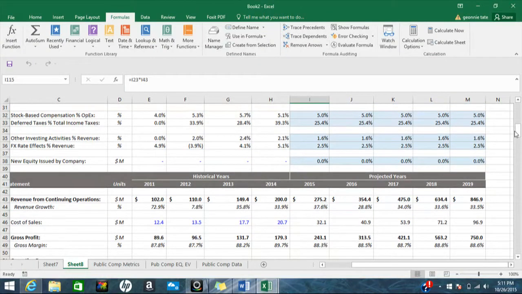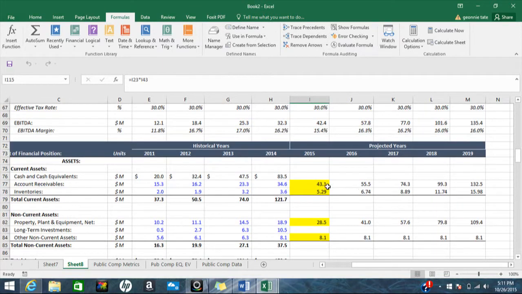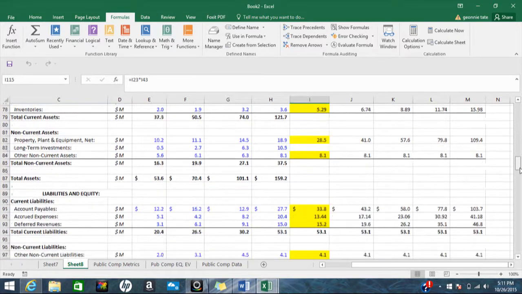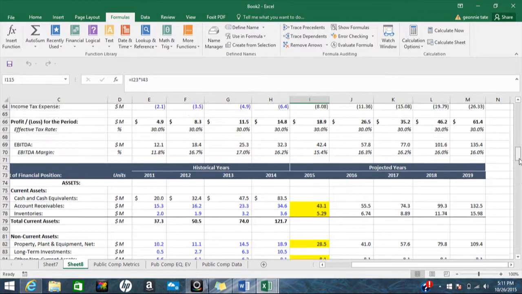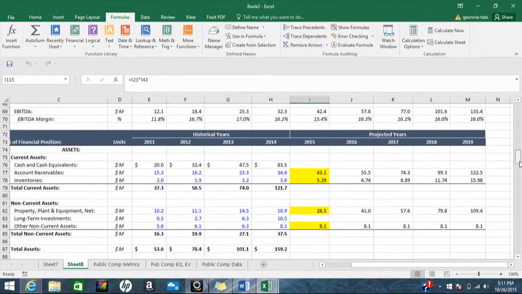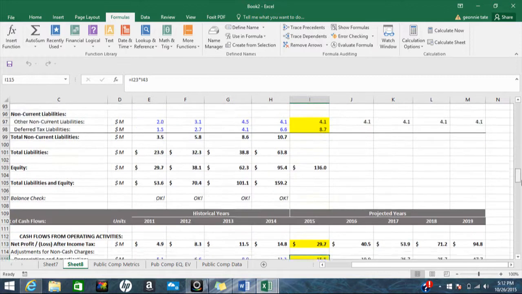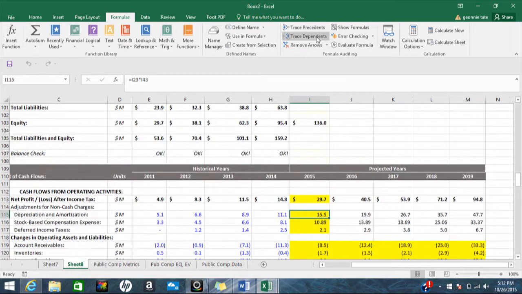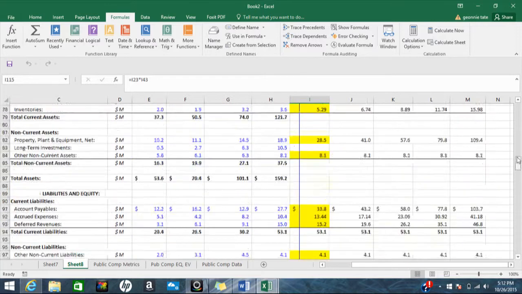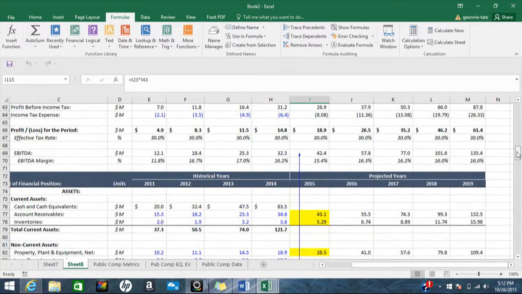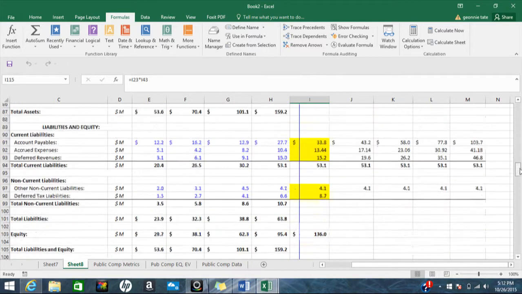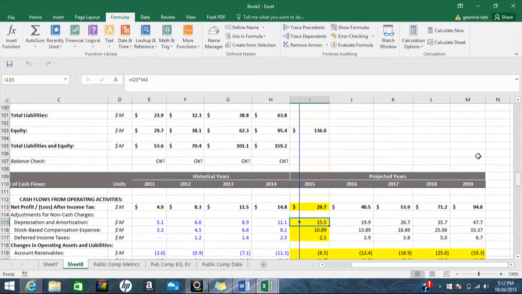Okay, I'm gonna check the dependence also. This shows me what depends on my number. Okay, everything looks okay there.